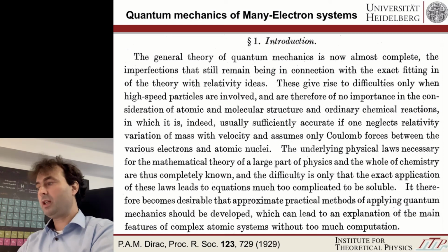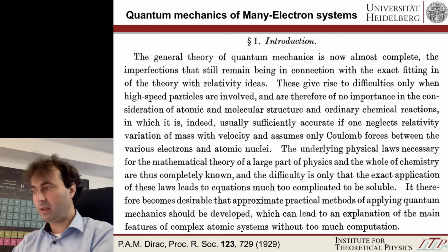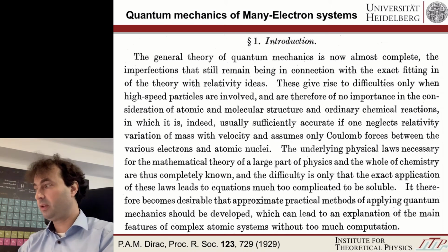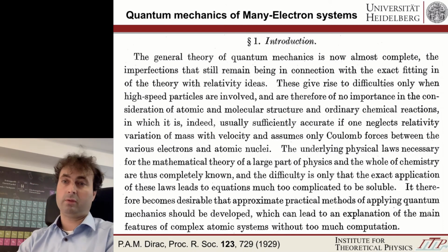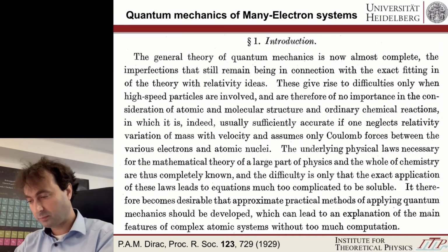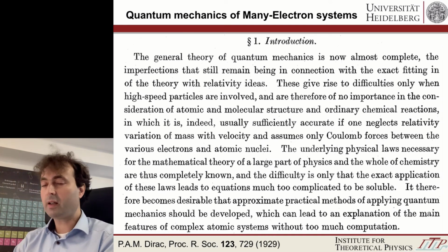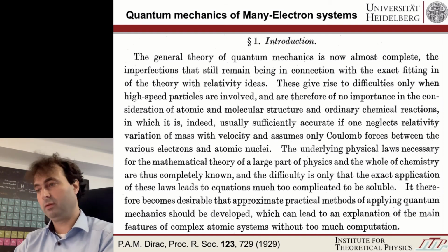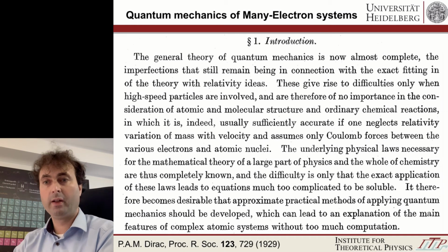Now, this problem was basically realized the moment quantum mechanics was introduced. Dirac already says we have these beautiful equations, but they are too complex to solve. And Dirac has been quoted to often say this in a putting down way.